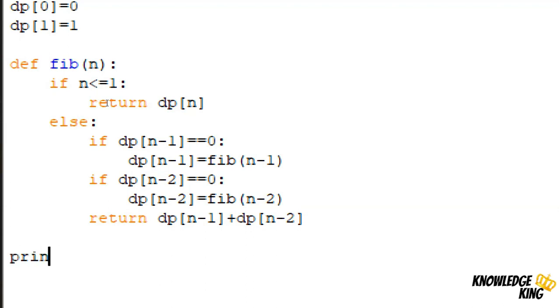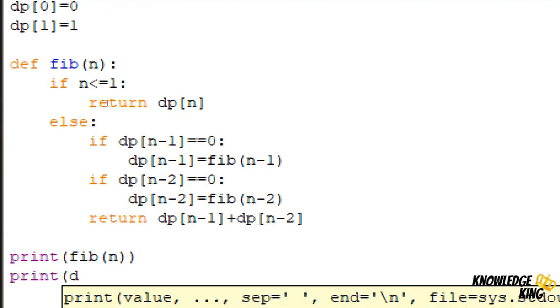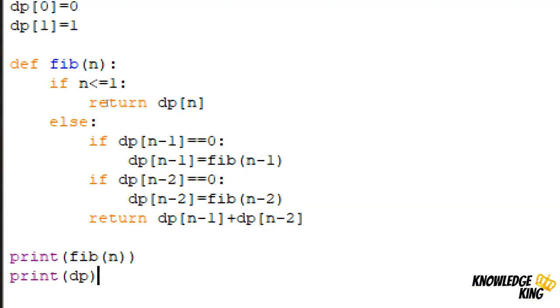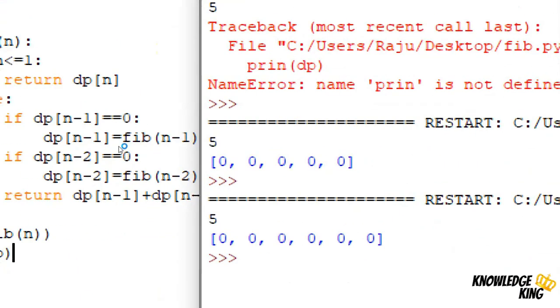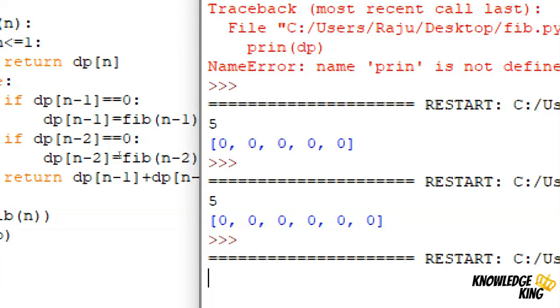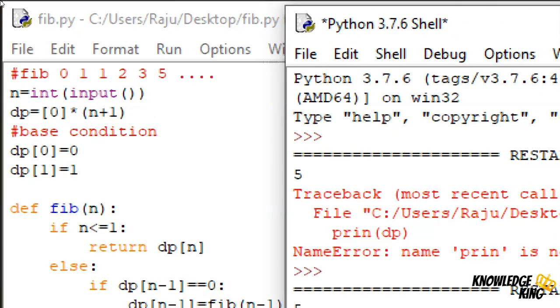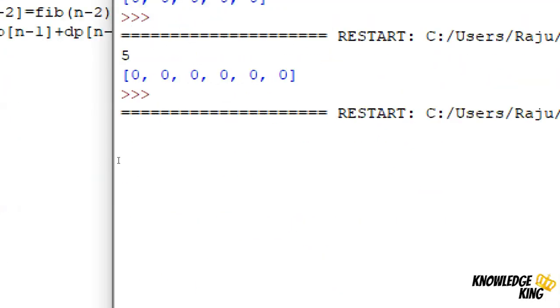Now I'll print fib of n. I'll execute fib of n and print the dp array. I'll save the program. I'll run once. I'll hit enter and enter 5.